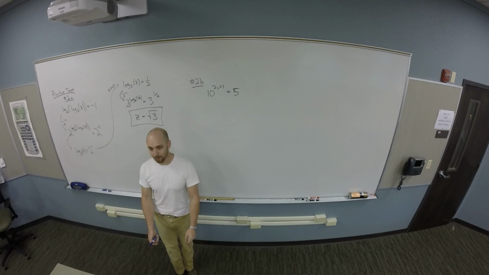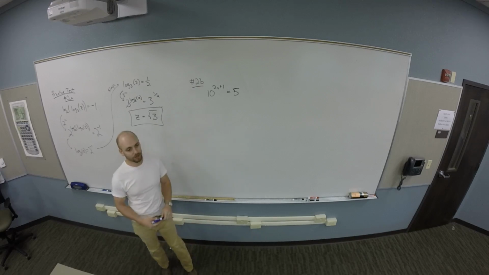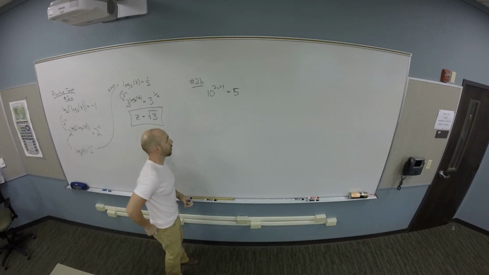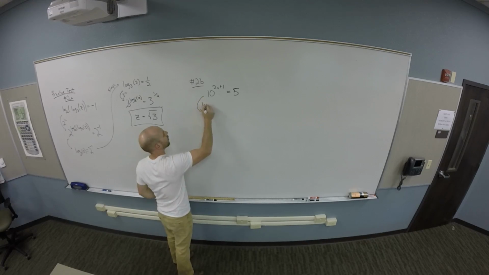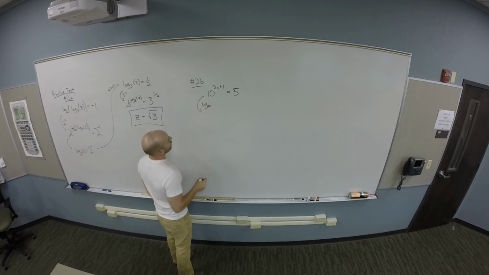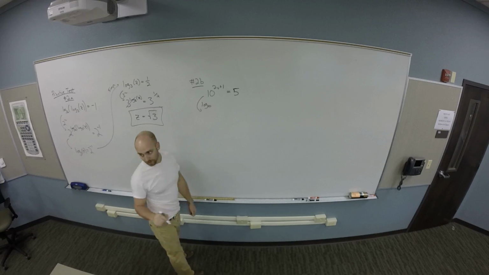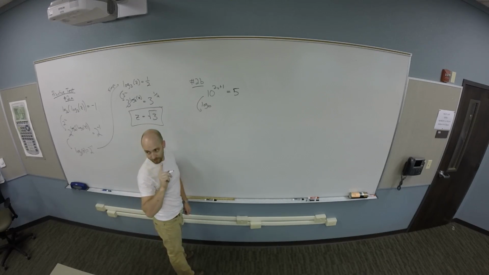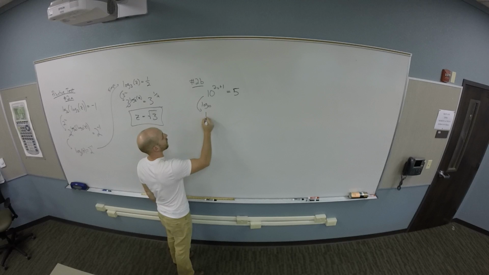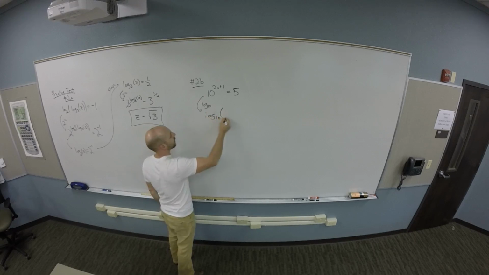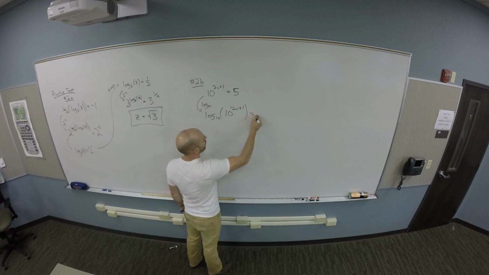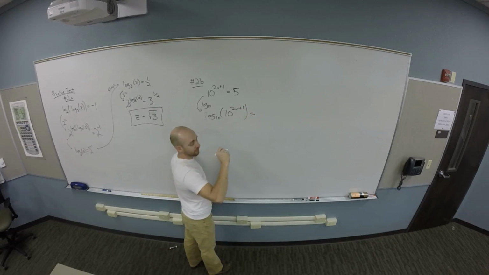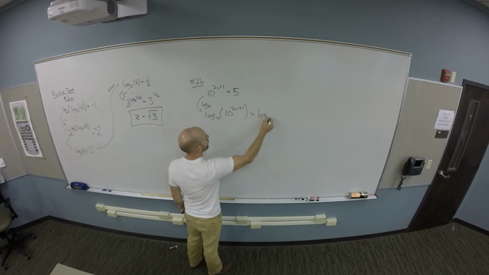There's a 10 with some stuff in the exponent here, so I'm going to log base 10 both sides. So once I log base 10, what do I get on the left? I got log base 10 of 10 to the 2b plus 1 equals what? Log base 10 of 5.